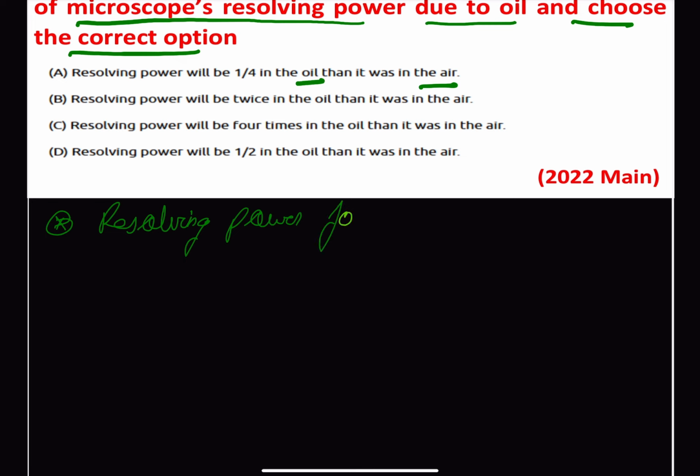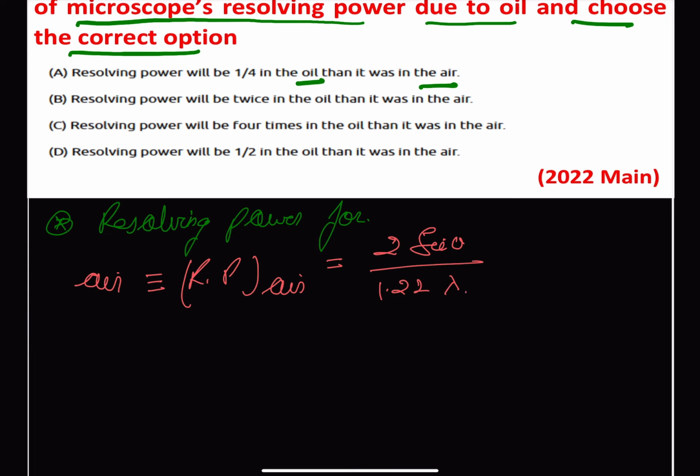Resolving power for air will be equal to 2 sine of theta divided by 1.22 times lambda. And then we have our oil, and let us call this resolving power of oil, which will be equal to 2 sine of theta divided by 1.22 lambda of the oil.